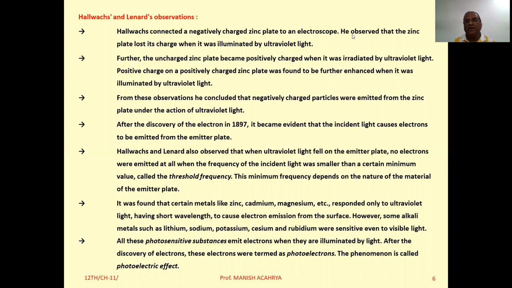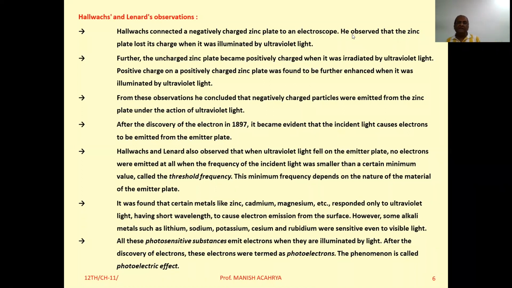When the negatively charged zinc plate connected with the electroscope was illuminated by ultraviolet light, they observed that the negative charge on the zinc plate decreases.